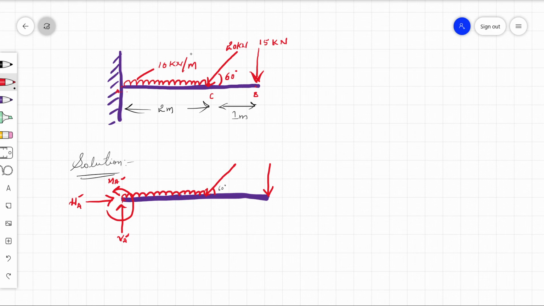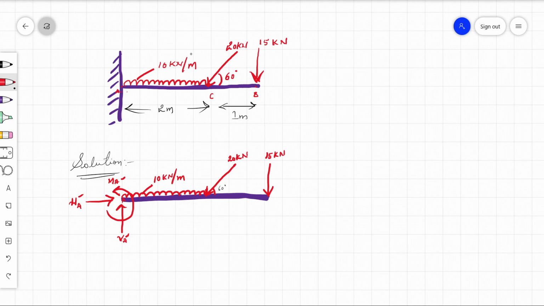So in this itself you will understand three concepts regarding the loads. The magnitude of the load is 10 kilonewton per meter. Then this is 20 kilonewton. If the value is 20 kilonewton only without any per meter, then that is a point load. If there is anything that comes with a per meter, then it is a UDL.